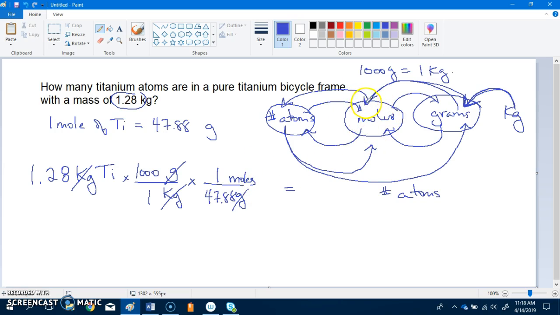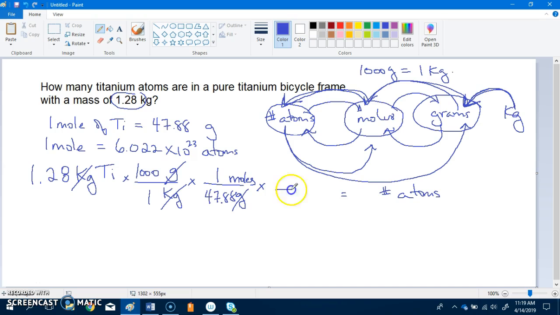My last conversion is going to be moles to atoms, and we know that 1 mole of anything is equal to 6.022 times 10 to the 23 atoms. So that's going to be my last conversion factor. I need to give myself some room here. And again, I want to have atoms in my answer.